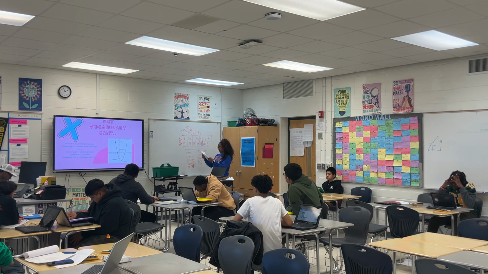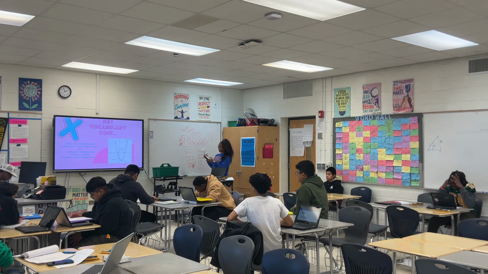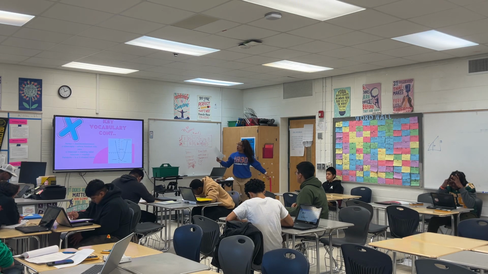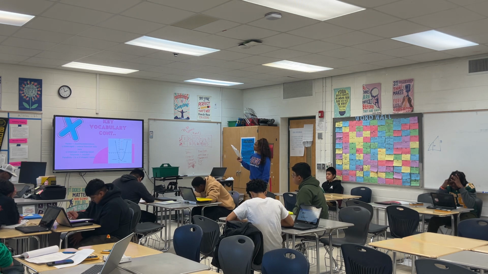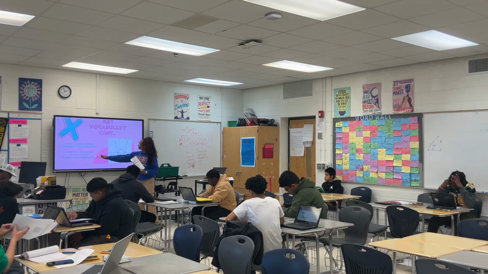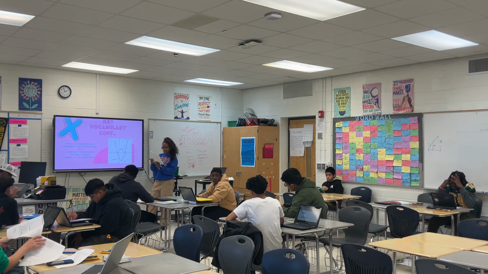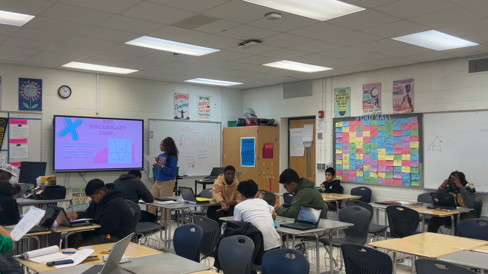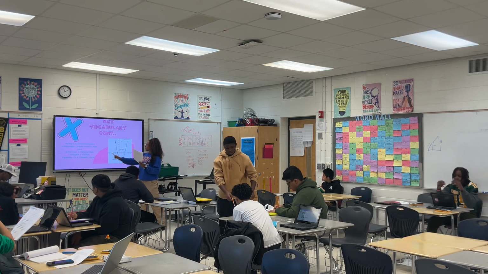Okay, and at the very bottom where it says maximum, minimum, you're going to cross that out and write in parabola. Keyword. So you're crossing out maximum and minimum, and writing in parabola. It's the U-shaped curve.